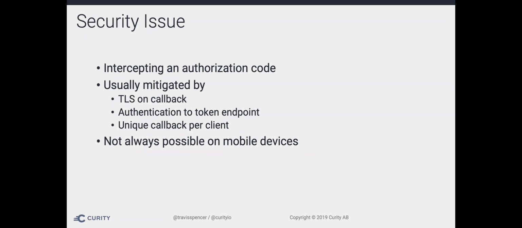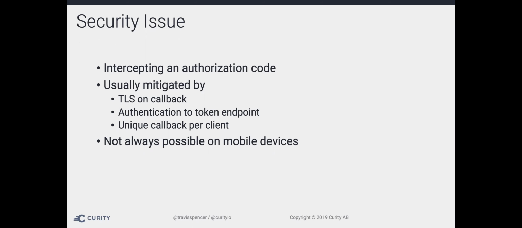And what happens if the code is intercepted is that any of the strong authentication we did beforehand would be for naught because that authorization code represents the user's delegation or authorization of a client to do things on their behalf. So if an attacker can get a hold of that authorization code, that attacker is as good as the victim. So this is a way of subverting strong authentication. So we need to be very careful with this code.